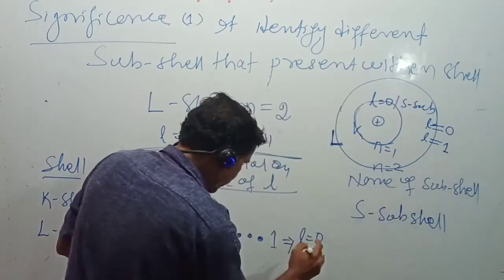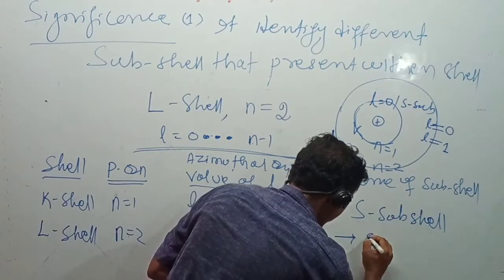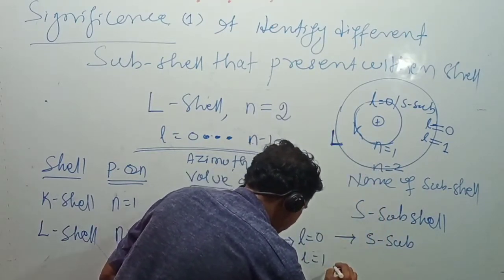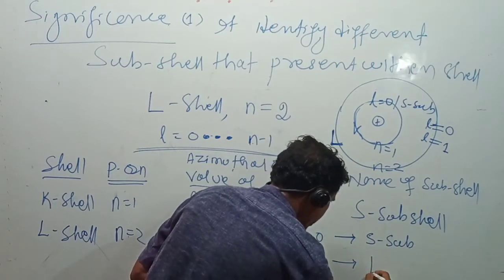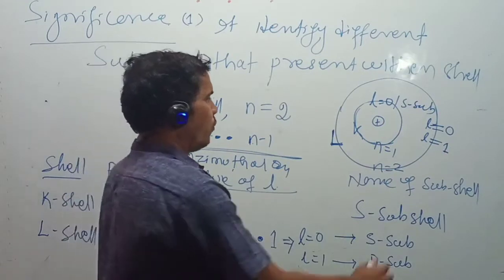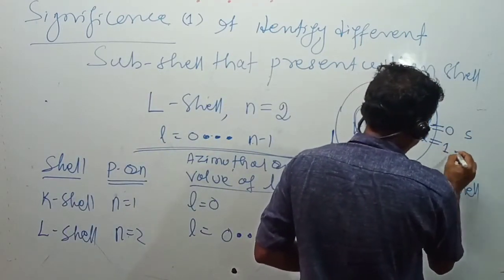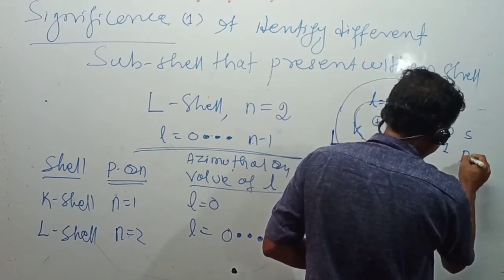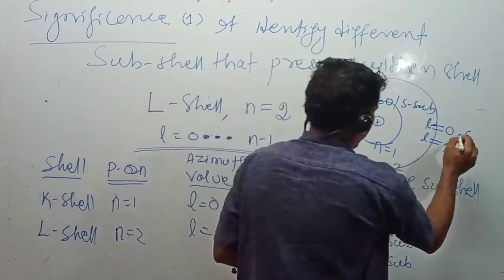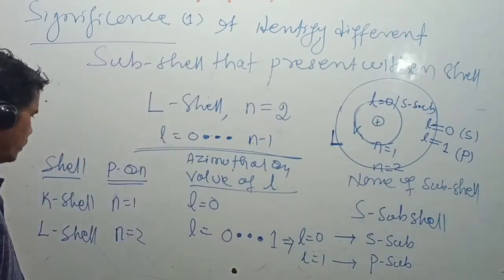The subshell which has l equal to 0 is called the s subshell, and the subshell which has code address l equal to 1 is called the p subshell. So for l equal to 0 we write s subshell, for l equal to 1 we write p subshell. That means there are 2 subshells present within shell 2.